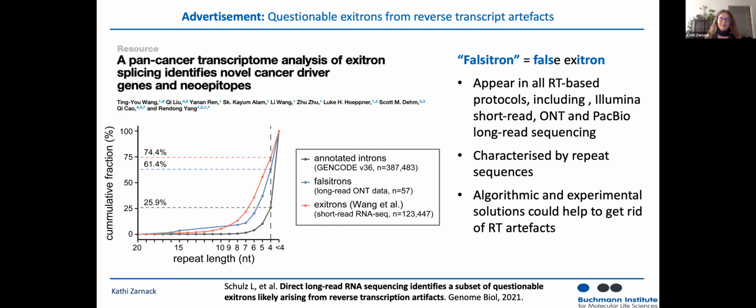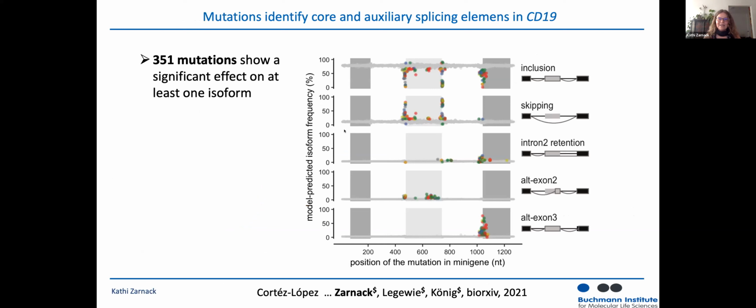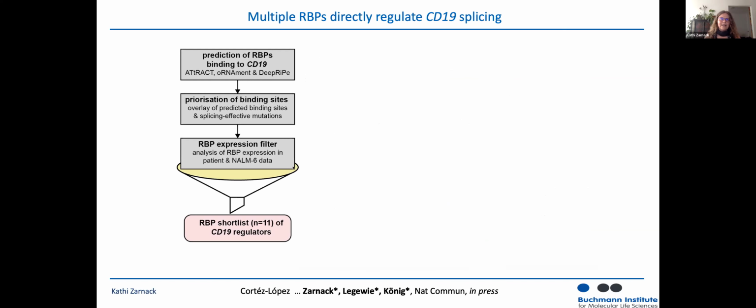Coming back to our mutations in the CD19, so we now have these 350 mutations that seem to have a strong impact on CD19 splicing. And of course, we wanted to know who are the regulators that are involved in this regulation. And to identify these, Mariella actually built up a very nice bioinformatics pipeline in which she first predicted binding sites for different RNA binding proteins in our CD19 mini gene.